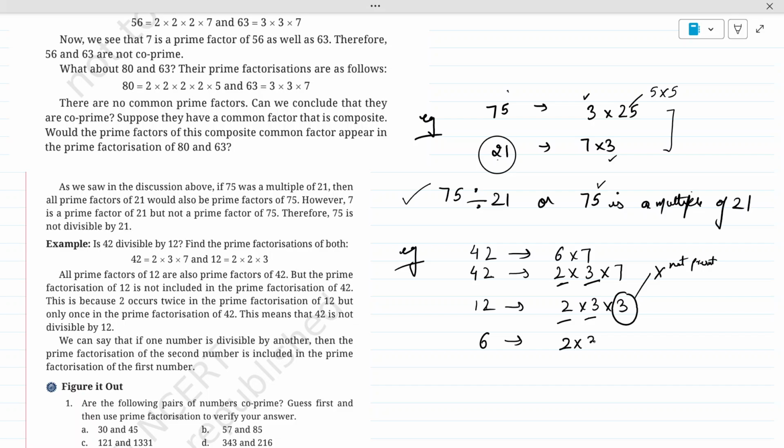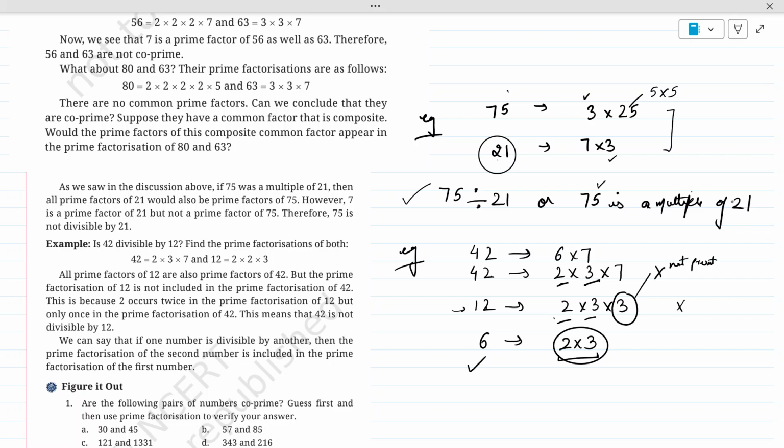The factors of 6 are 2 and 3. 6 is present here and here also. 6 is dividing both the numbers fully, because all the factors present in 6 are also present in the other numbers. But if I take 12, it has one more 3 which is not present in 42, so it is not dividing it fully.